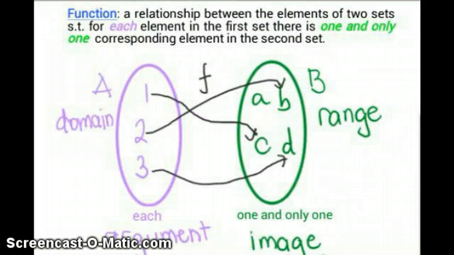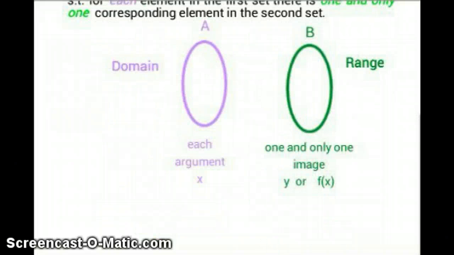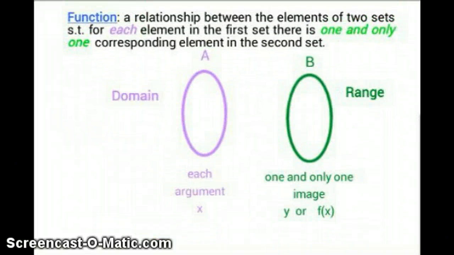Now let's see a review. To have a function, we have a domain and the range, and for each element, each argument of the domain, we should have one and only one image, denoted usually by y or f of x.